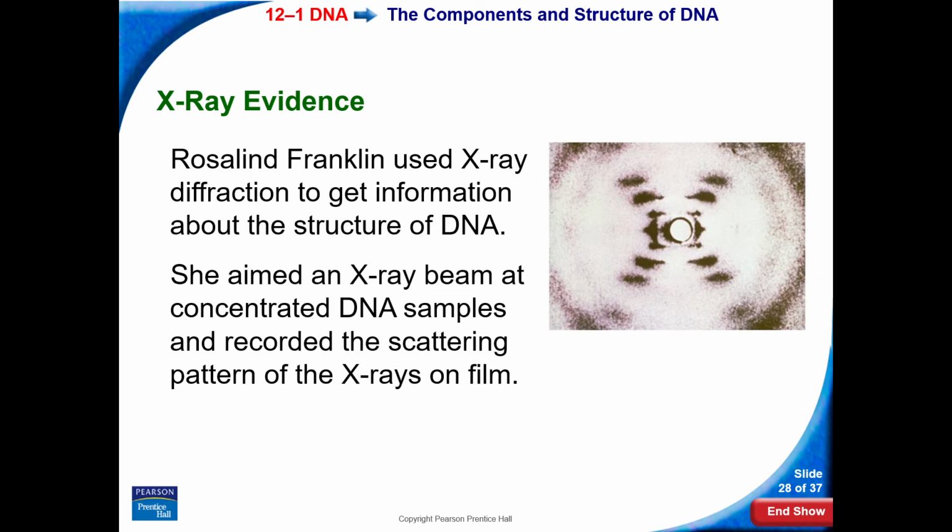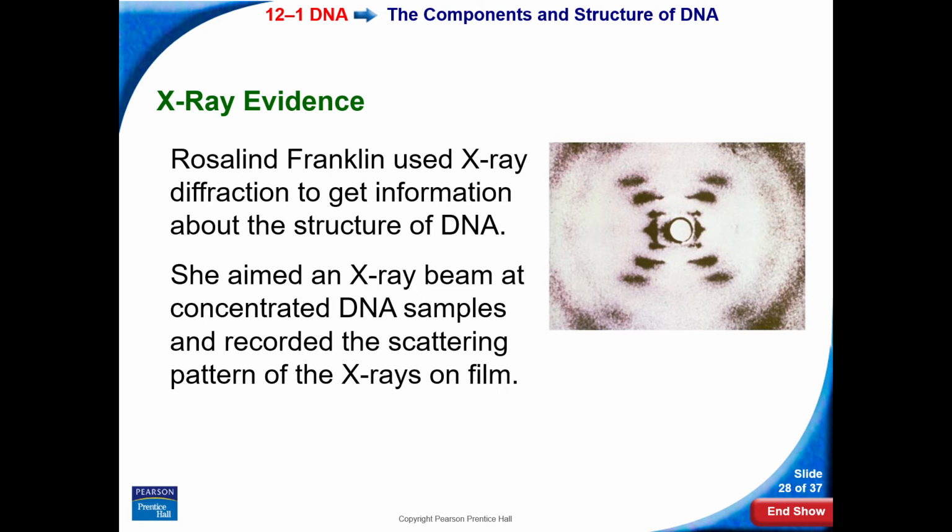And the X-ray diffraction studies basically, and this picture you're seeing here is the famous Photo 51, which gave eventually Watson and Crick a very good idea of what the actual shape of the molecule was.